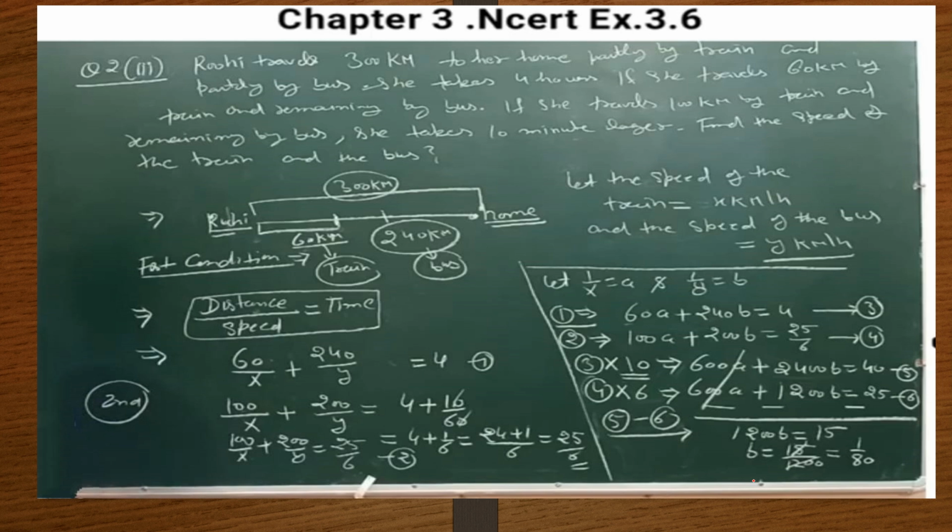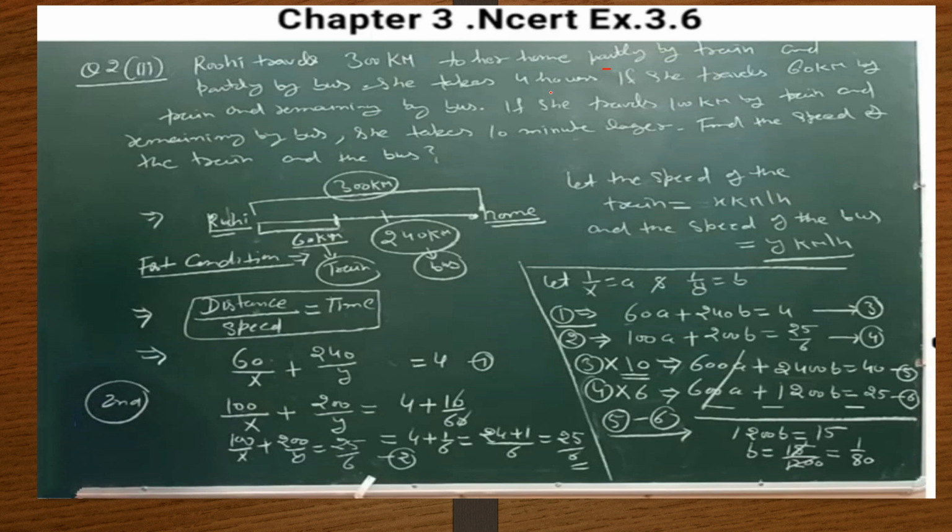This is question number 2, third. Ruhi travels 300 km to her home partially by train and partially by bus. That means, students, here it is given partially by train and partially by bus. It means some distance by train and some distance by bus.